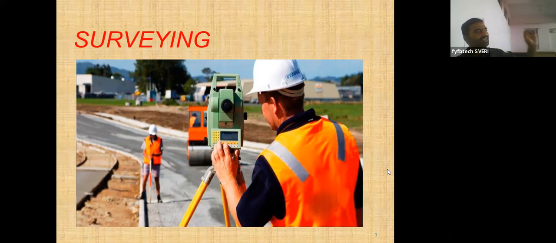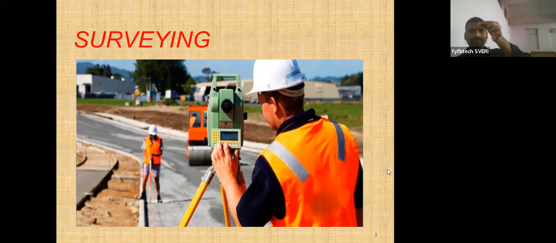It is an art of determining the relative position of a point which is on, above, or below the surface of Earth by linear or angular measurements, or direct or indirect measurements. Do you remember, I taught this?